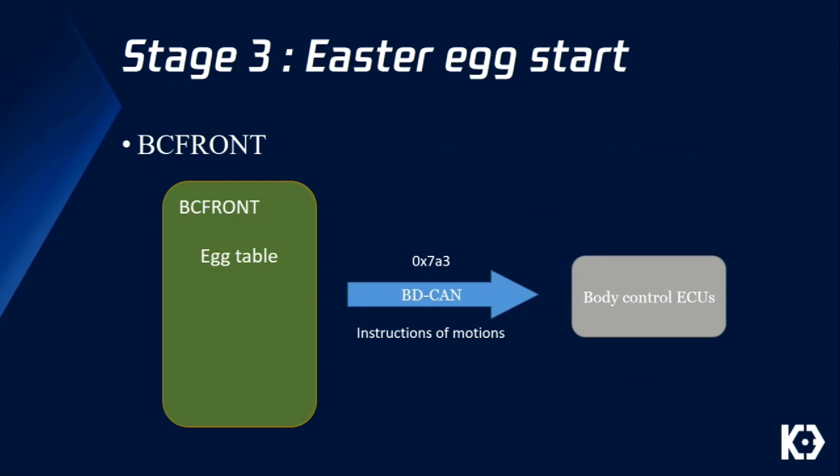And then we found something in the BC front: a very large scale of data. We call it the Easter egg table. Something is defined in the table to define the actions and the time, and the BC front will transfer the table on the body cam to tell other ECUs what to do.